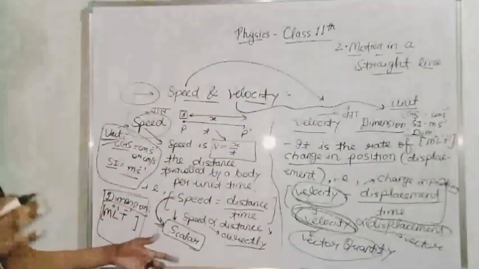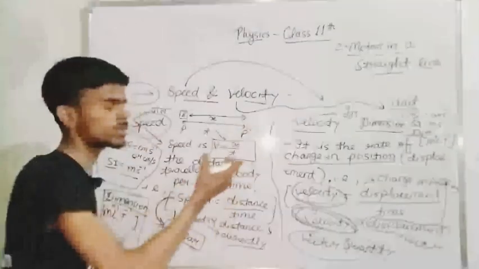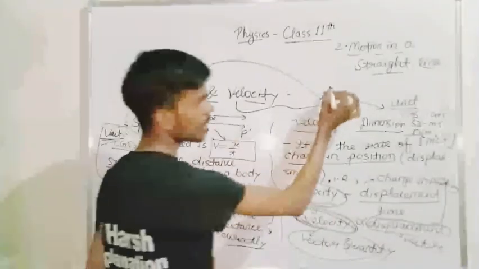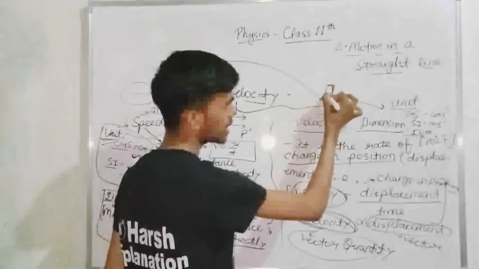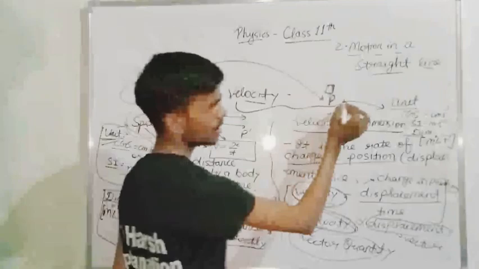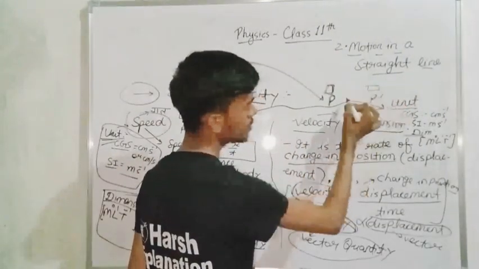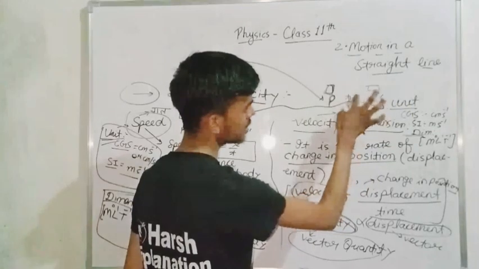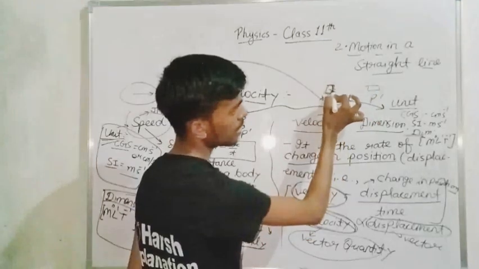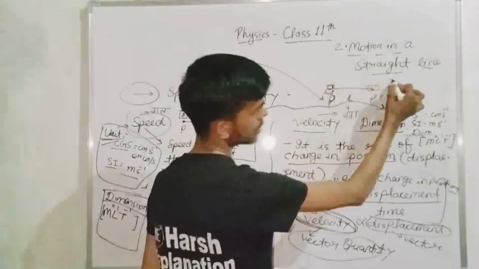Now you have to know what velocity signifies in day-to-day practice. Suppose a body is moving from P to another position P dash in time T, and it is moving in the east direction.